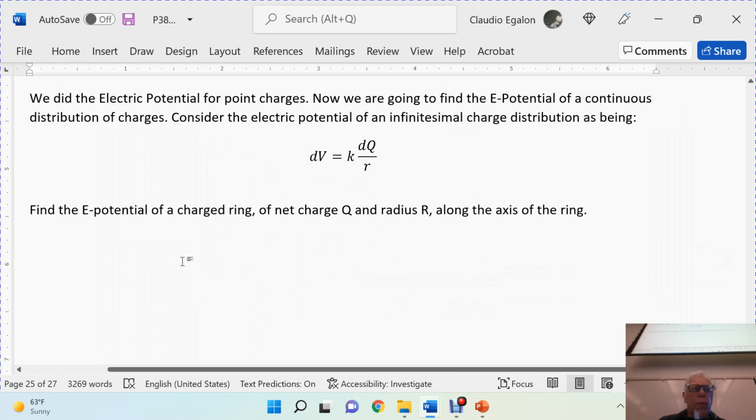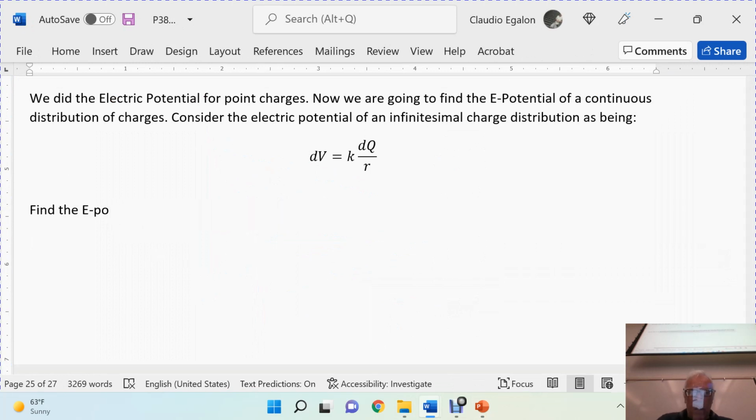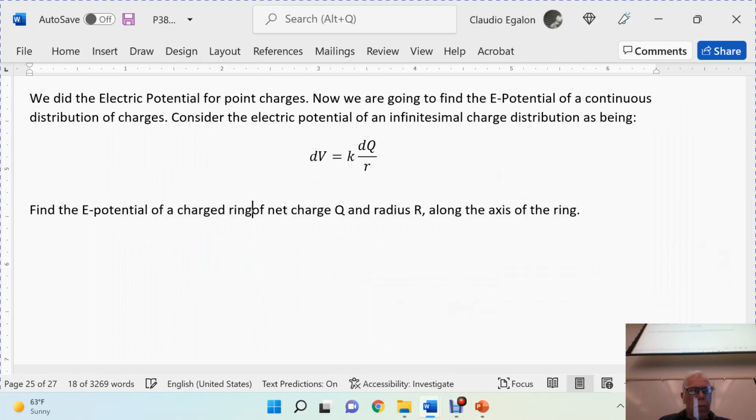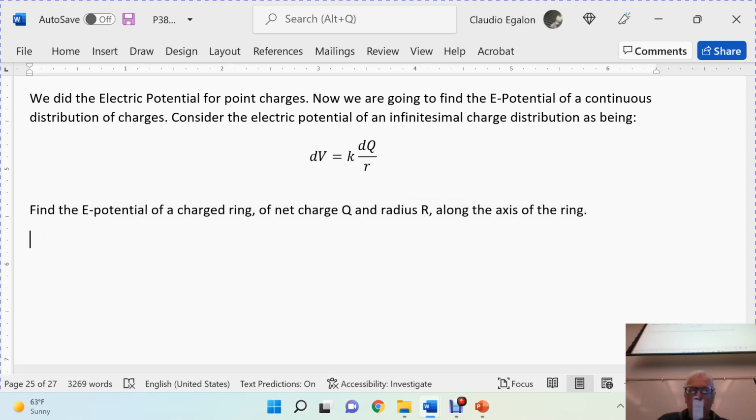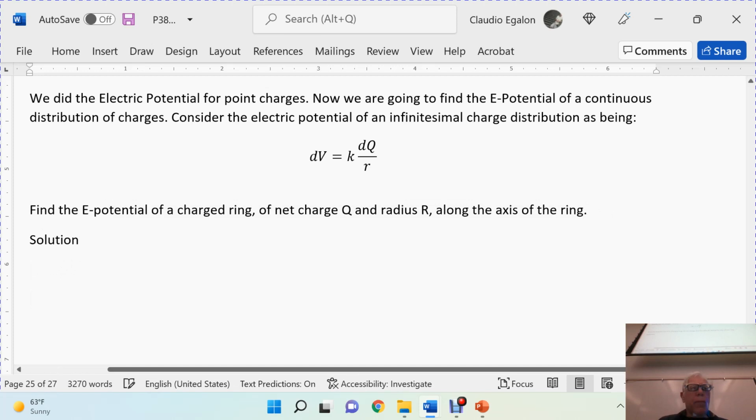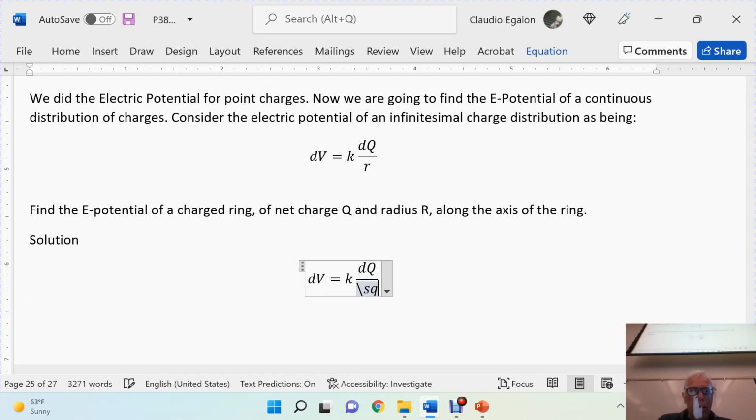So, solution. Everybody's equidistant, so this r here is going to be the square root of R squared plus x squared.